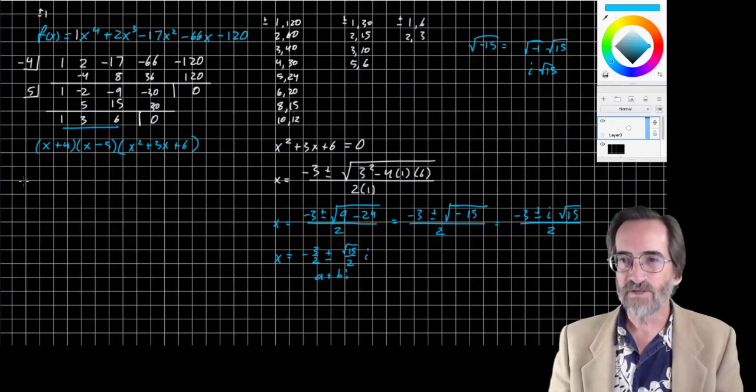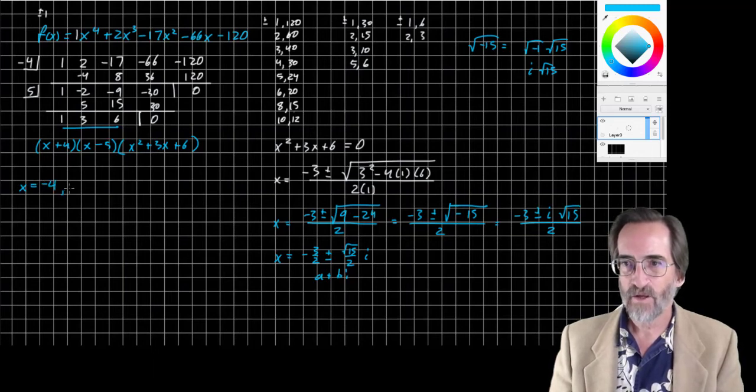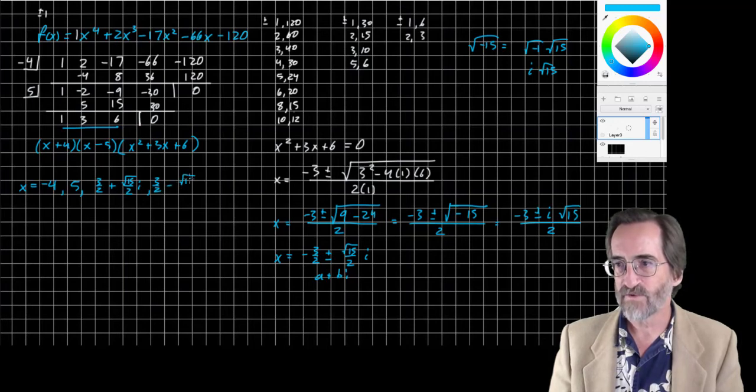So if I'm listing zeros, my zeros are negative 4, 5, negative 3/2 plus root 15 over 2 i, and negative 3/2 minus root 15 over 2 i. Okay?